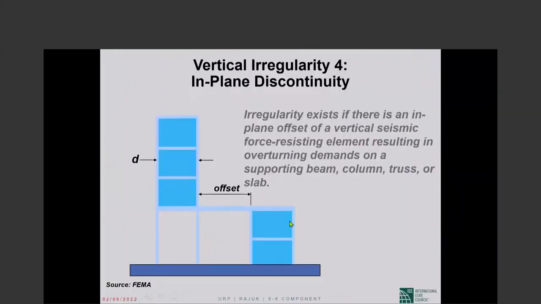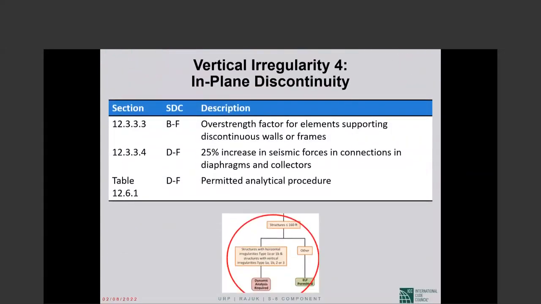An in plane irregularity exists if there is an in plane offset of a vertical seismic force resisting system, resulting in overturning demands on a supporting beam, column, truss, or slab. So if that happens, then there is overturning demand on this beam, the transfer girder. And so this is the definition of vertical irregularity type 4.